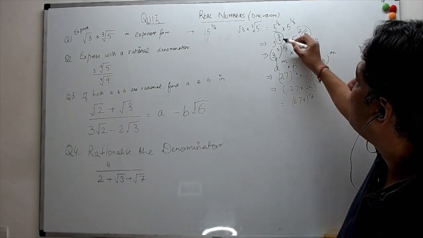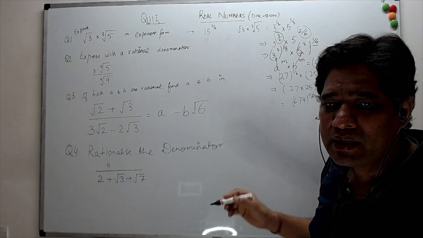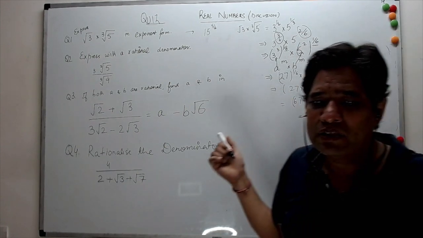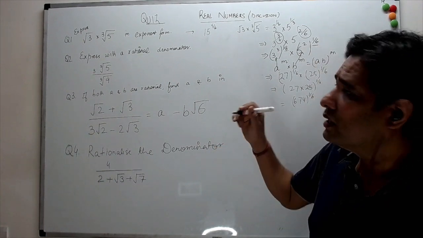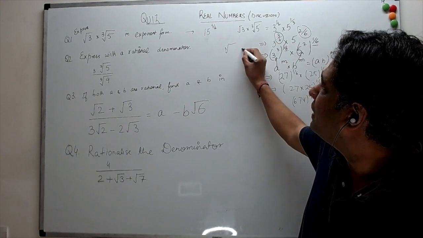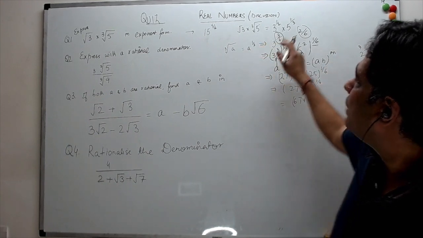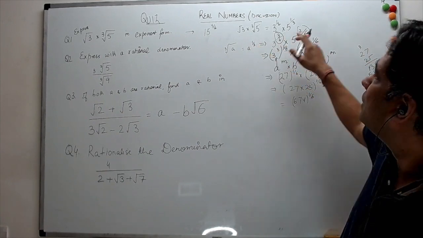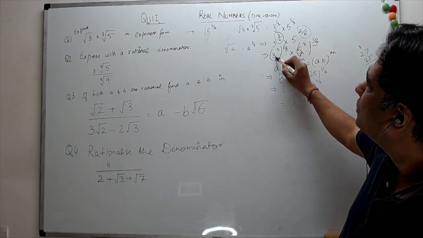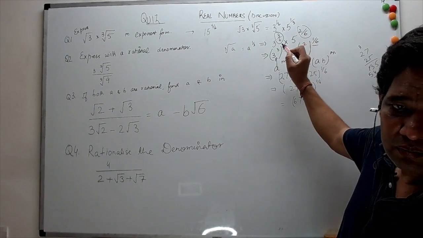And why I made the denominator 6 is because I need to find a common power somewhere. That power in the case of real numbers is oftentimes the square root value, like the third root, which ultimately gives you something as 1 over 3. So I need to make the denominator common across, so that in the next step I can split this into a power of a power form.